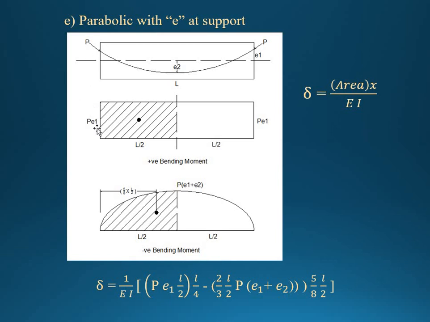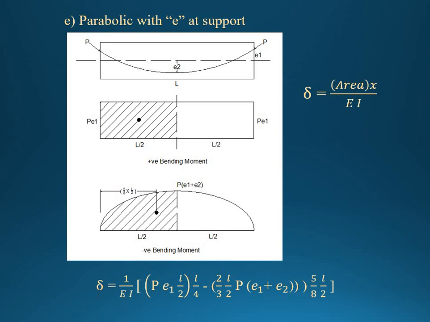Here it is only for P into E1, but here we should consider both the eccentricities. So it is P into E1 plus E2 as the maximum bending moment, and we know the centroidal distance for this. So what we should do now is add both the areas along with the centroidal distance.